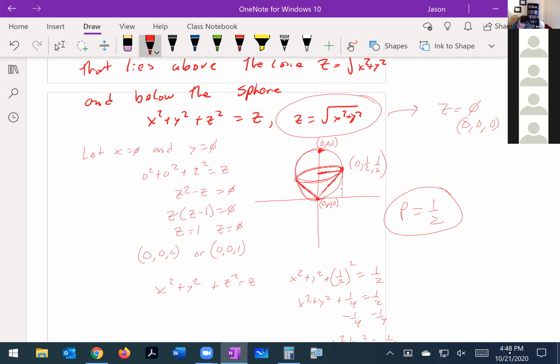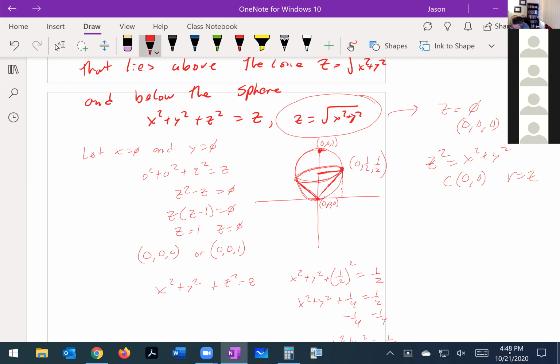Well, let's think about it this way. Let's square both sides. Let's go z squared equals x squared plus y squared. That's reminiscent of the equation of a circle, right? That's a circle centered at 0, 0 with radius z, right?